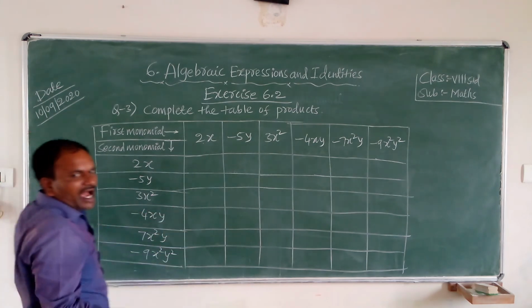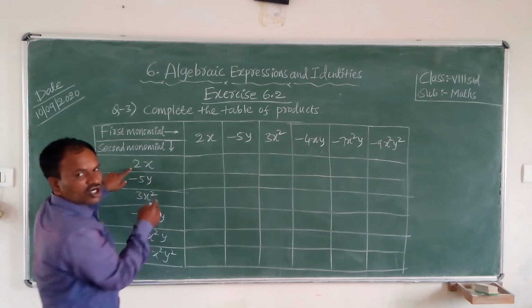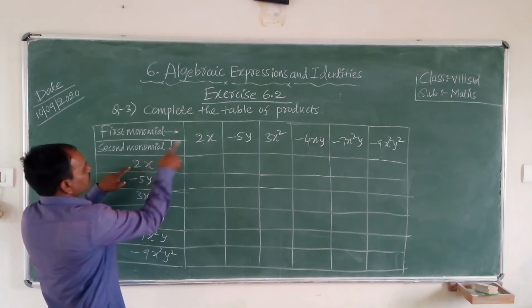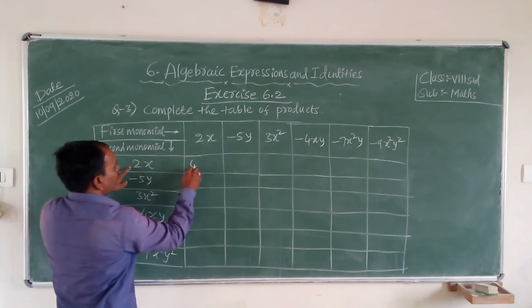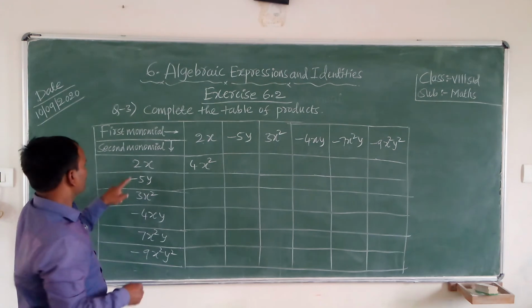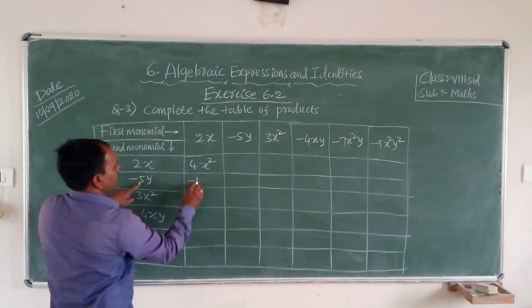So how to multiply? Here see. First constant number. I said constant number. You see the sign also. So here also plus. Here also 2 2s are 4. X into x, x square, over. Now minus into plus, minus 5 2s are 10.